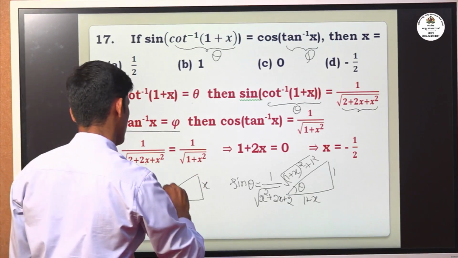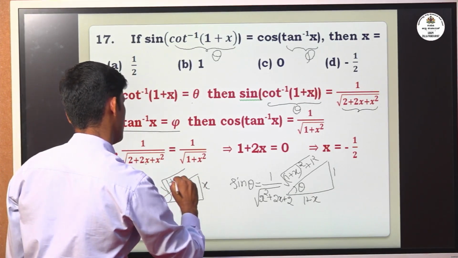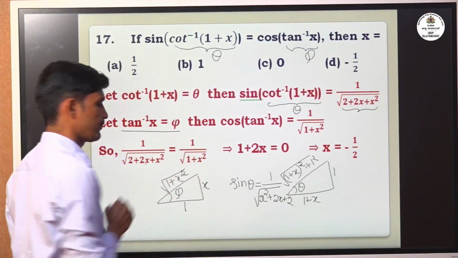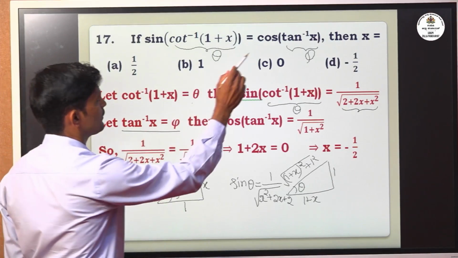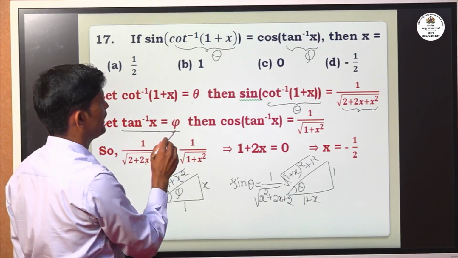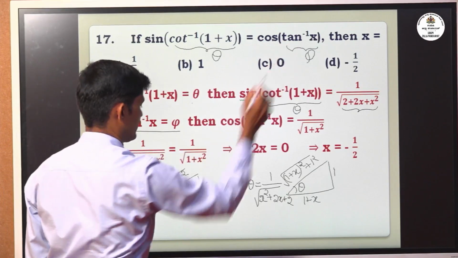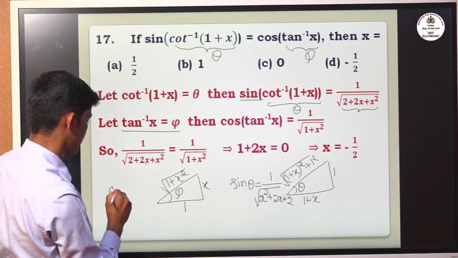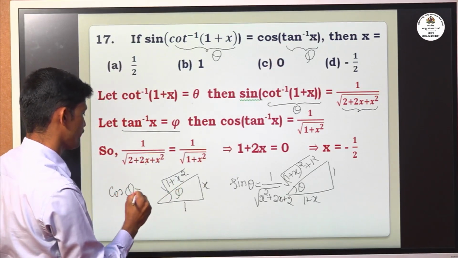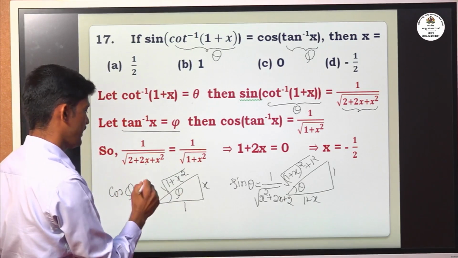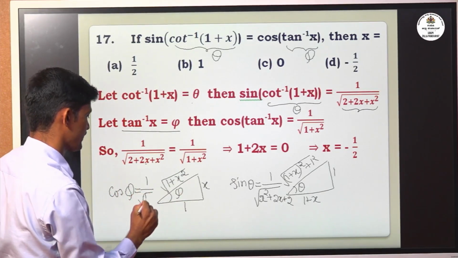Therefore the hypotenuse is the square root of 1 plus x square, by Pythagoras theorem. So cos phi is adjacent by hypotenuse, 1 by root of (1 plus x square).